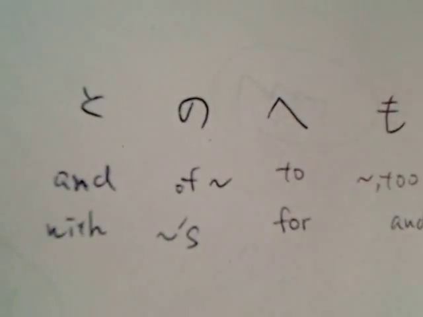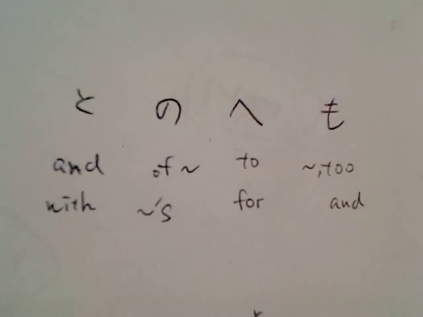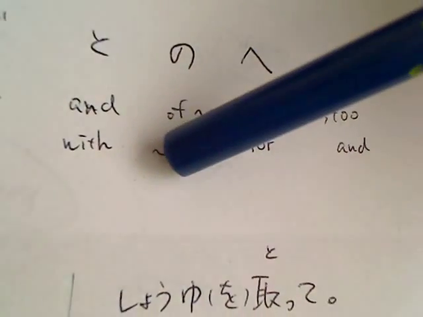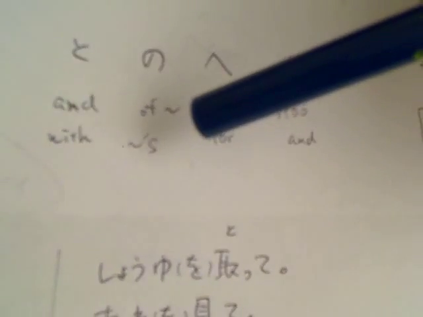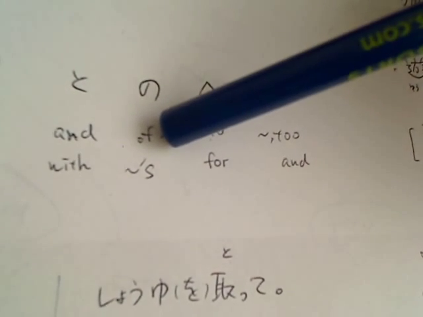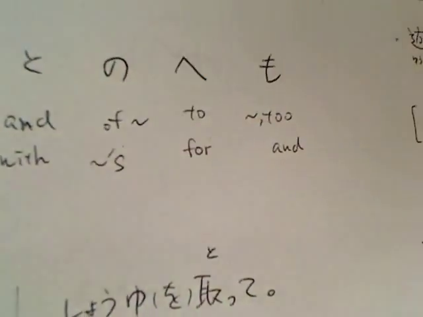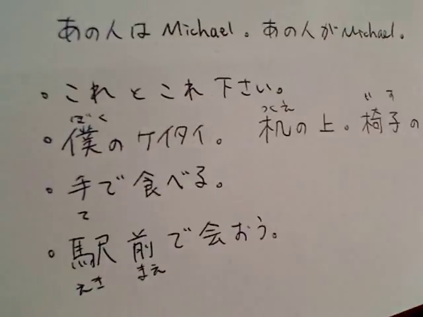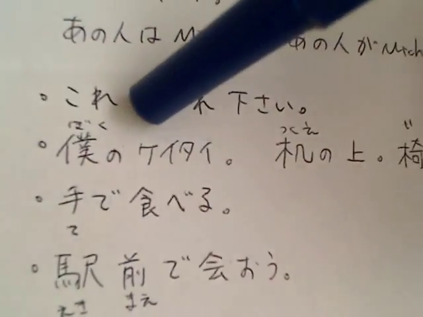And の, this is a possession word. My, his, her, theirs, or of the surface of a desk, of blah blah blah, or somebody's, something's, his, Michael's, John's mic, John's car. The wall of my room. Of. 僕の携帯。携帯 is cell phone. You don't need to write it in katakana though.